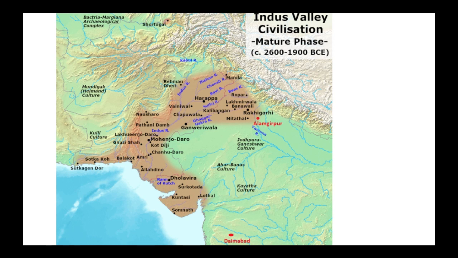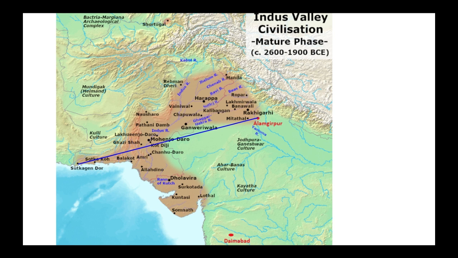So the extent of the Harappan Valley civilization from east to west is Sutkagendor on the western side, and Alamgirpur, the easternmost site of Harappan Valley civilization. Alamgirpur is in Uttar Pradesh.